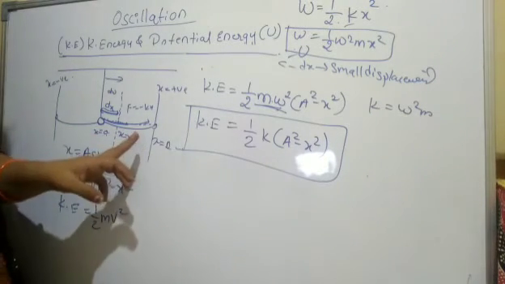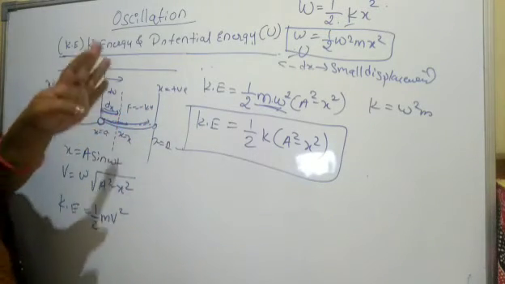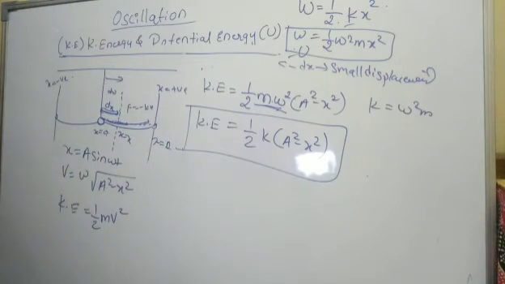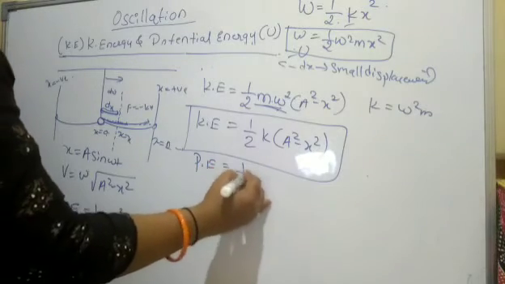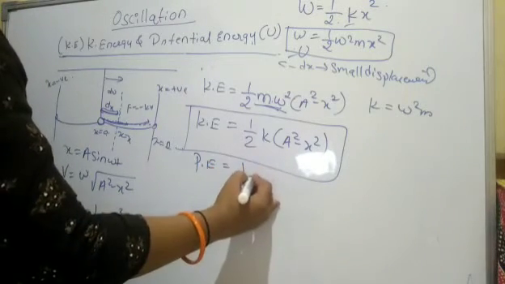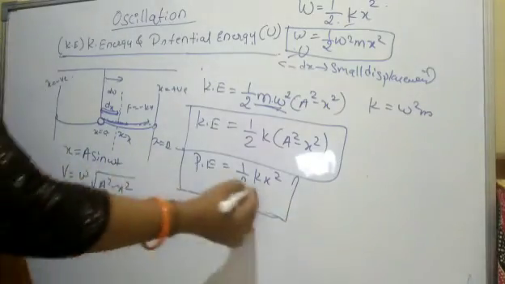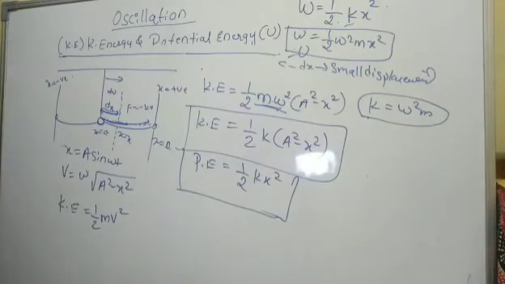So when will the kinetic energy be maximum? When will the kinetic energy be minimum? When will the potential energy be maximum? When will it be minimum? So let us go ahead with the potential energy general form, that is 1 by 2 k x square. This you should remember, and the k value is already given, just substitute in both forms of the energies.